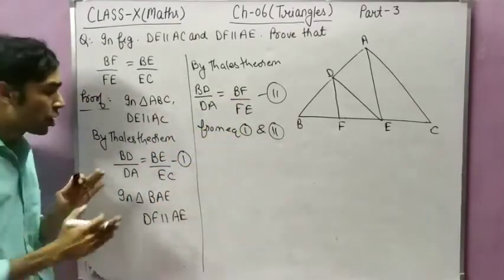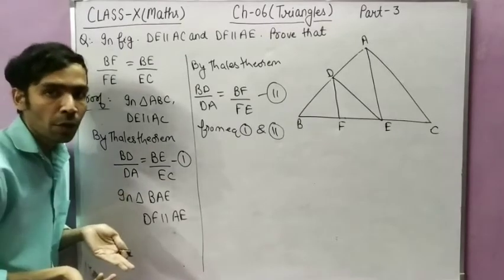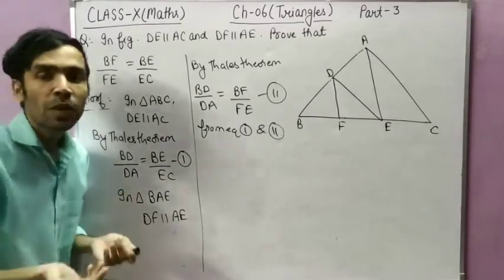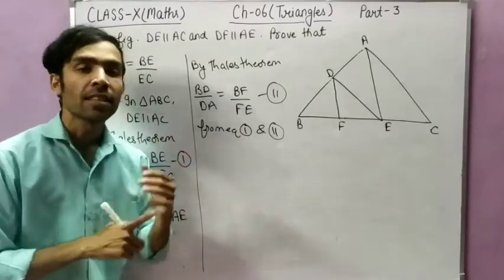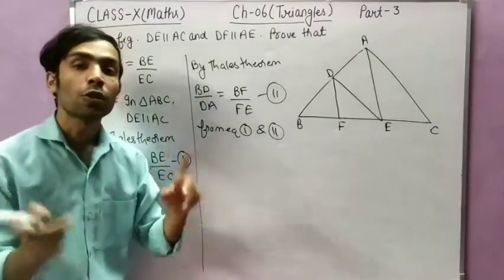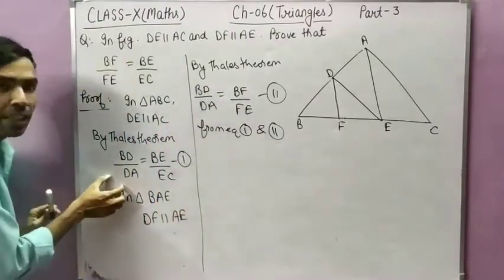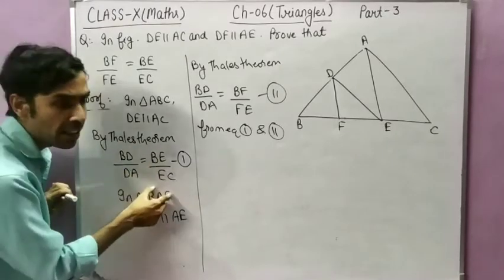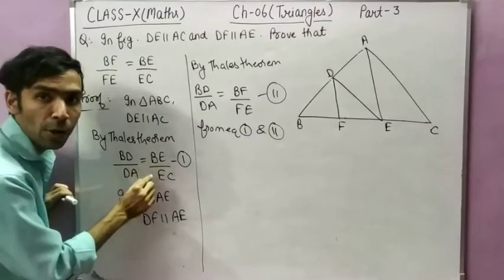So in both the equations, the left hand side is equal, so the right hand side will also be equal, because when a particular thing is equal to two other things, then those two things will also be equal to each other. Means BD upon DA is equal to BE upon EC.